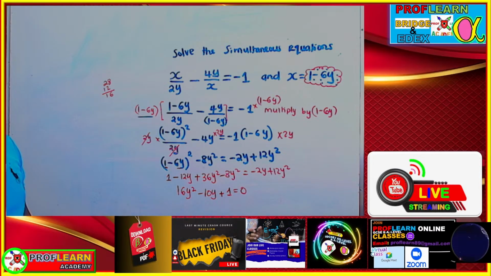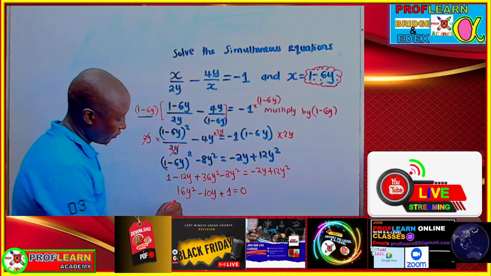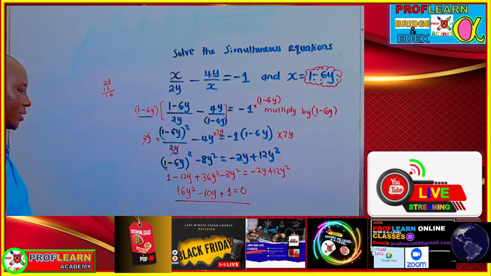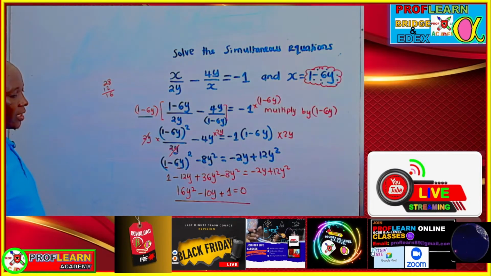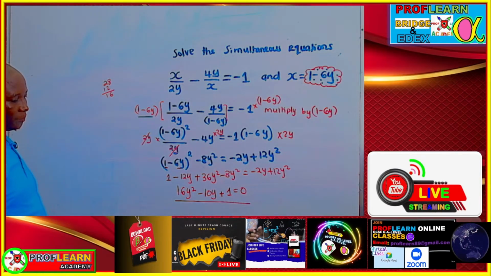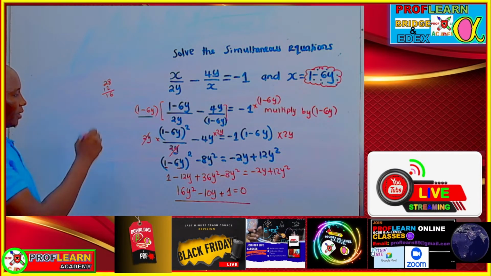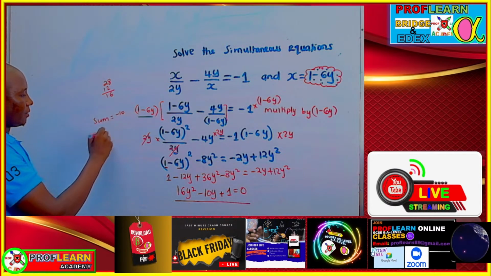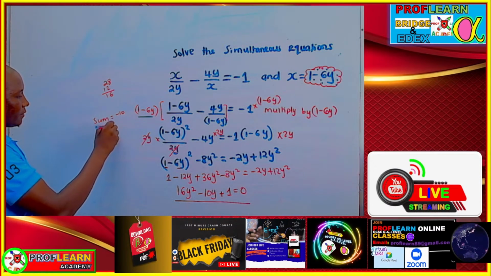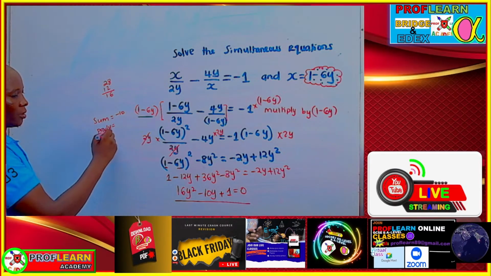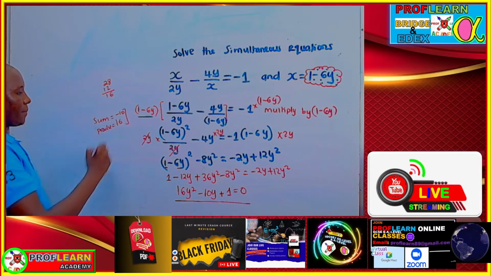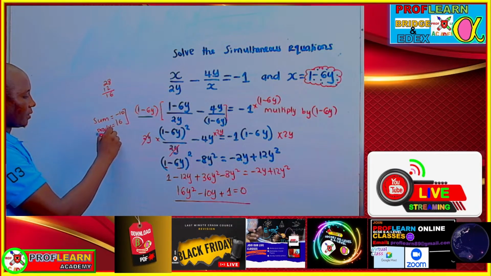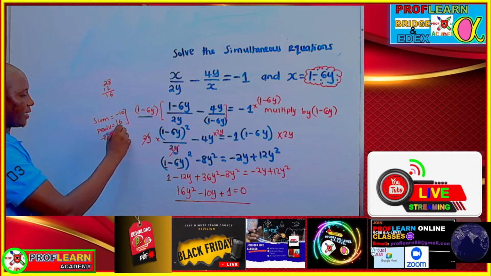So we are going to check if you solve this using the quadratic formula, what are you going to get? And can you check if we can use factorization? Sum is equal to minus 10. Product is going to be equal to 16. Two numbers. And that could be negative 8 and negative 2.